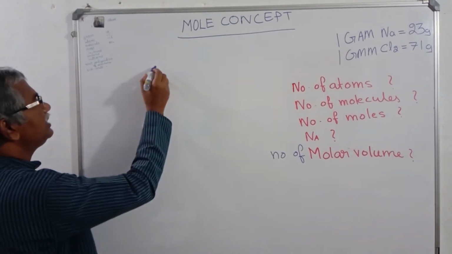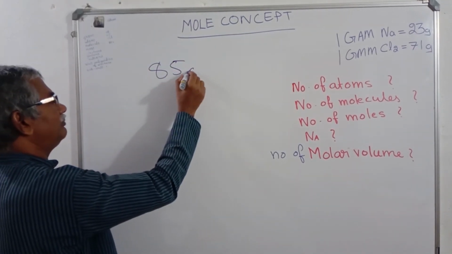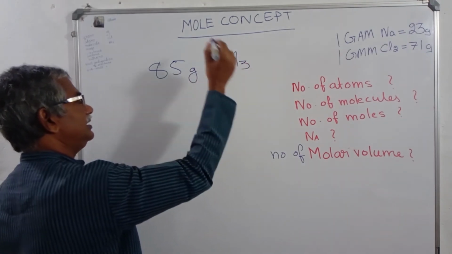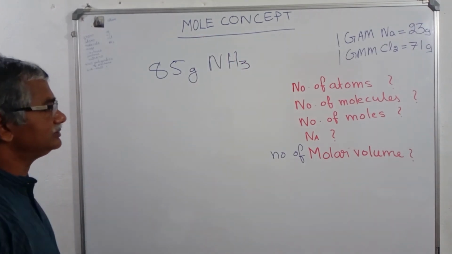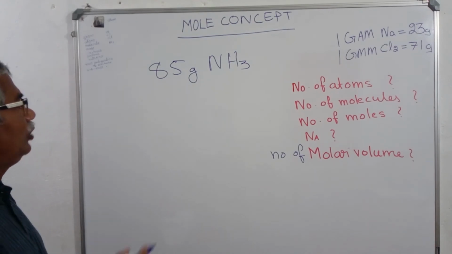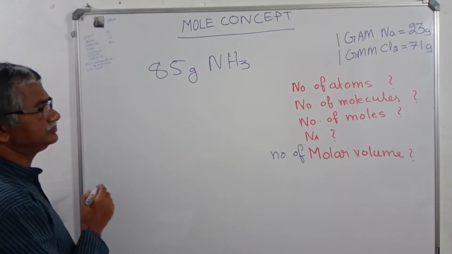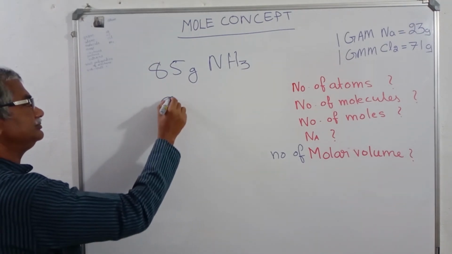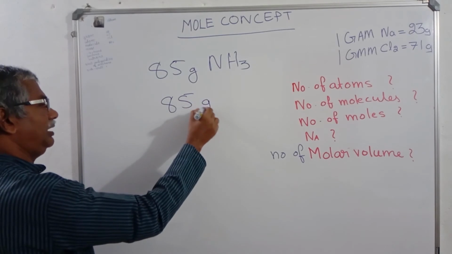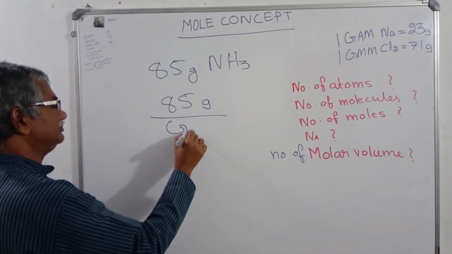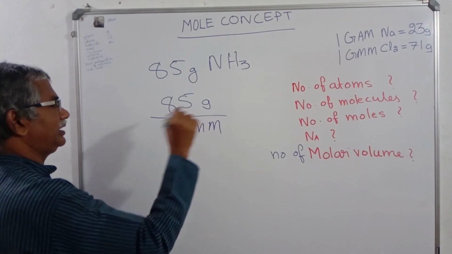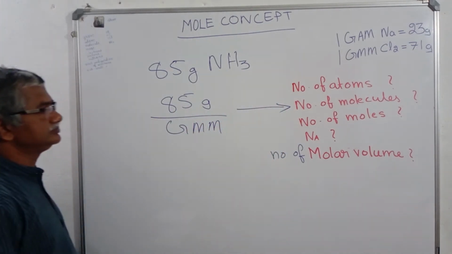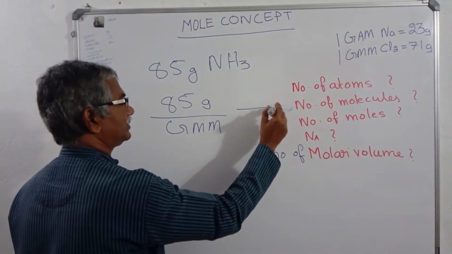Consider 85 grams of ammonia. How many moles will it be? The given mass in gram by GMM, you are getting number of moles.